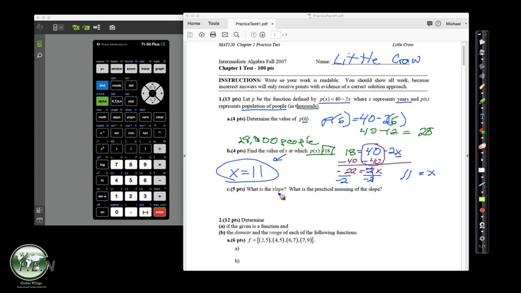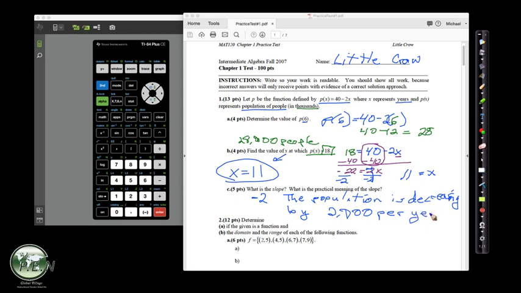What is the slope? Well, the slope is the number in front of the x. The slope is negative 2. And what does it mean? The population is decreasing by 2,000 people per year.